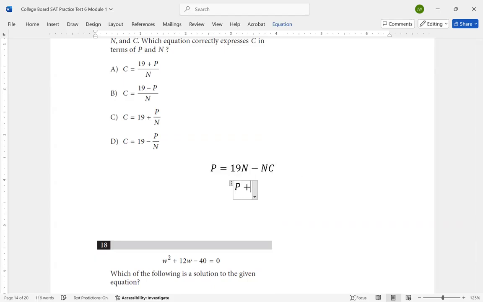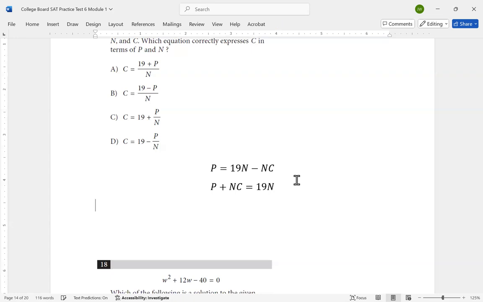We get p plus nc on the left. And then when I add n times c on the right, then I'm only left with 19n. Subtracting p from both sides would give me nc is equal to 19n minus p.